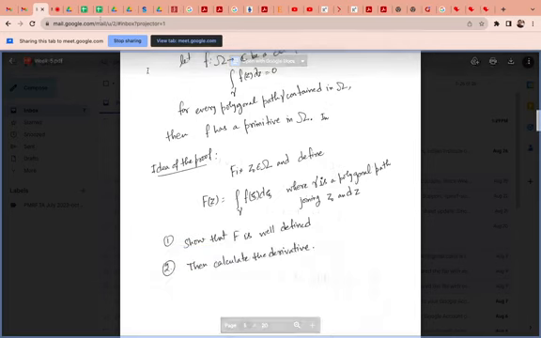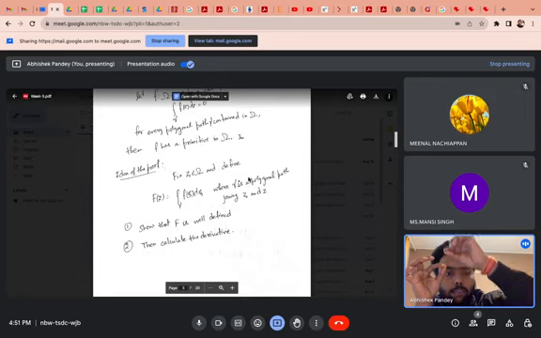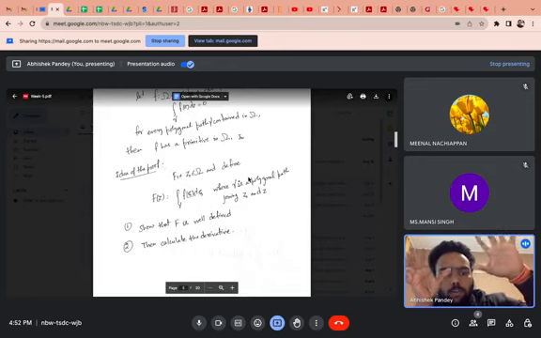So what is the idea of the proof? Fix z0 belonging to omega and define capital F(z) as the integral over gamma of f(xi) d xi, where gamma is a polygonal path joining z0 to z. Now the thing is to show that F is well defined. Suppose you have fixed a point z0 and you take a point z. You take a polygonal path from z0 to z, and you take another polygonal path from z0 to z.